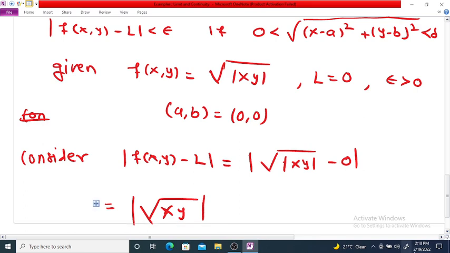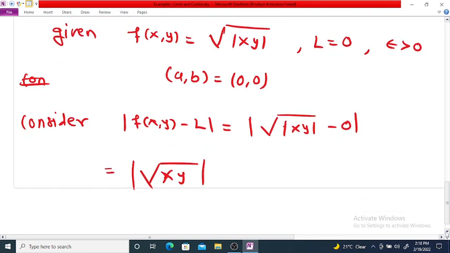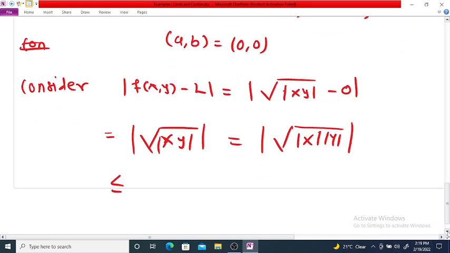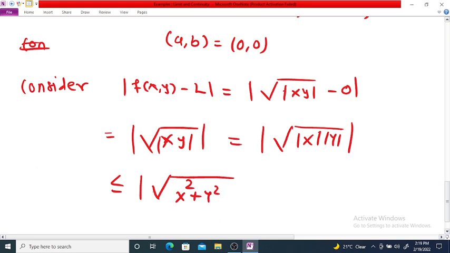As we know, mod of xy is the same as mod of x into mod of y, and we know that mod of x is less than or equal to the square root of x square plus y square, and mod of y is also less than or equal to the square root of x square plus y square.